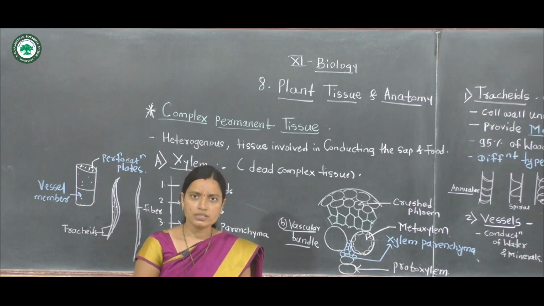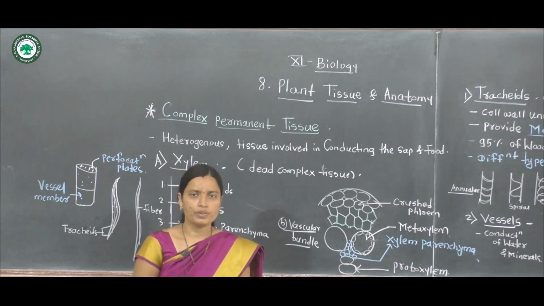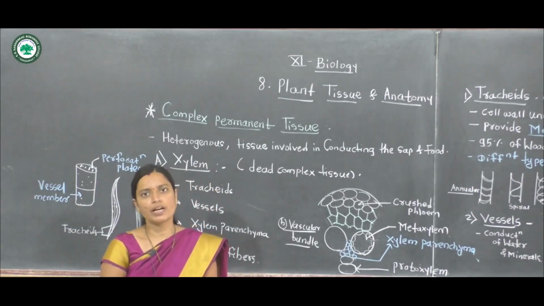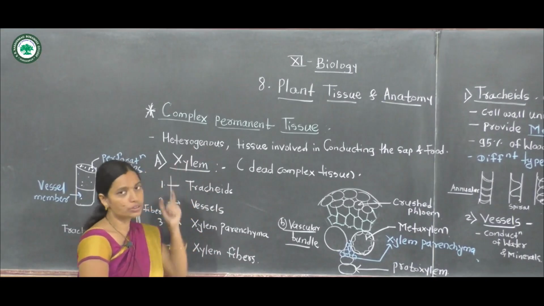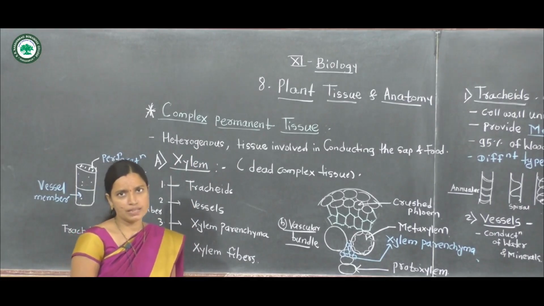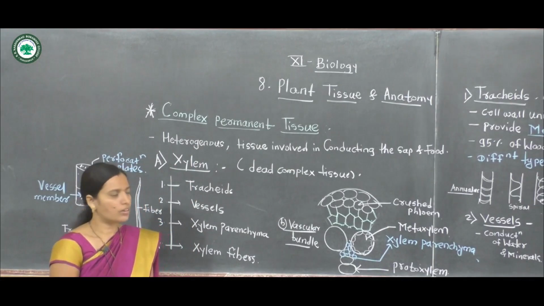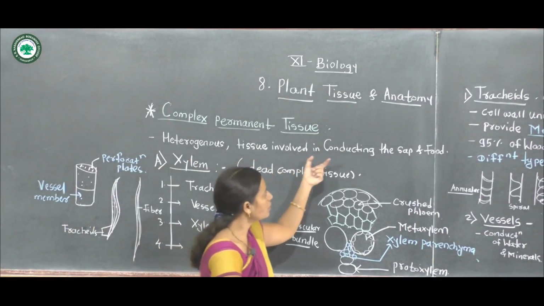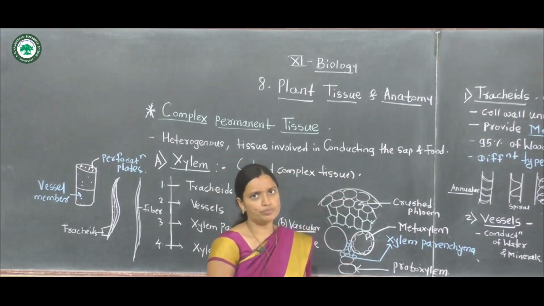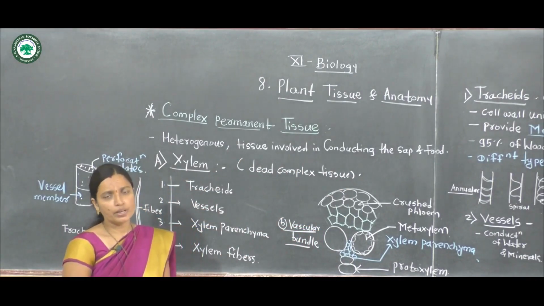These tissues are formed in the plant body and have heterogeneous cells, which means different types of cells performing different functions. These heterogeneous tissues are involved in conducting sap and food.